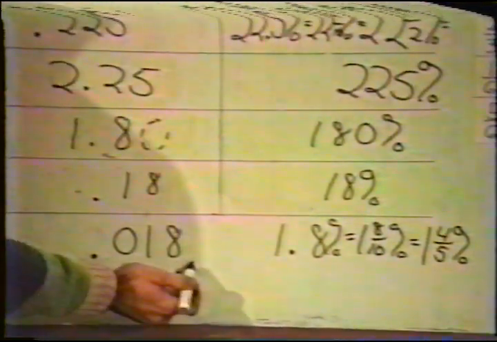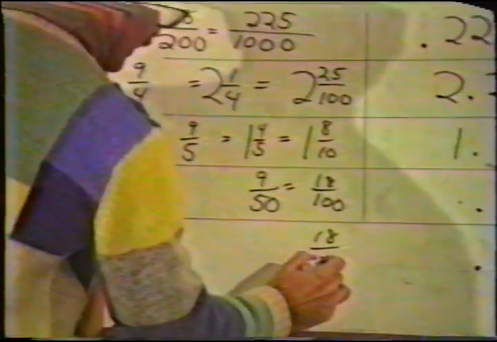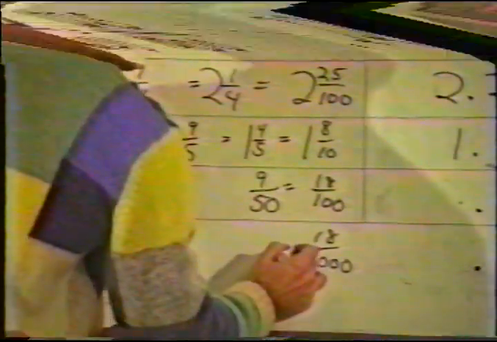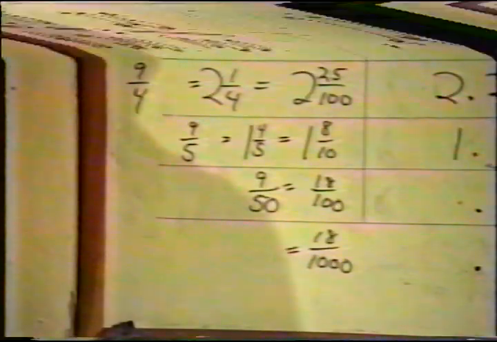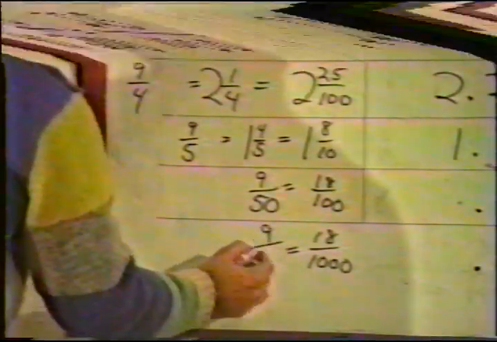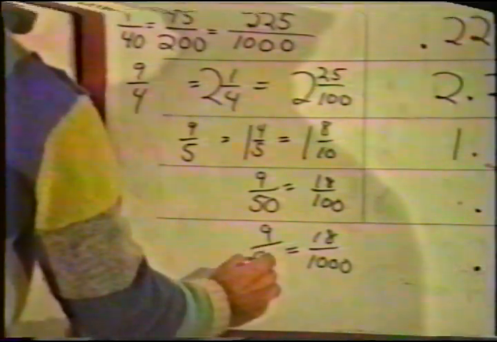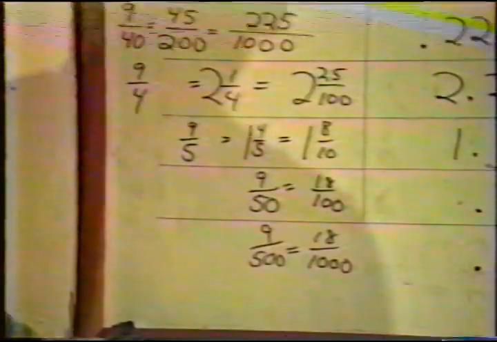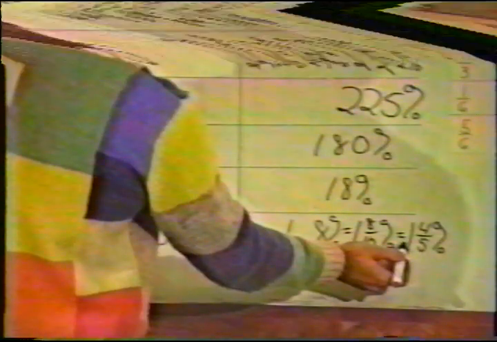18 thousandths. Let's hit the top and bottom with what number? 2. 2 into 18 is? 9. 2 into 1,000 is? 500. Let's go back over here and say 5 times 1 is? 5.